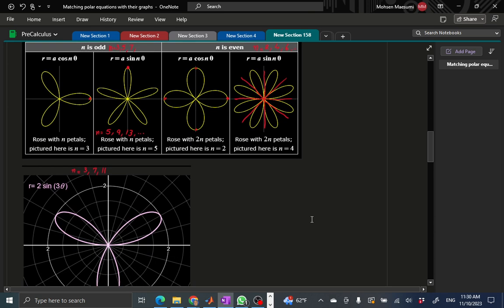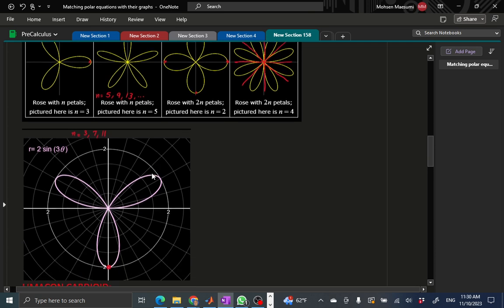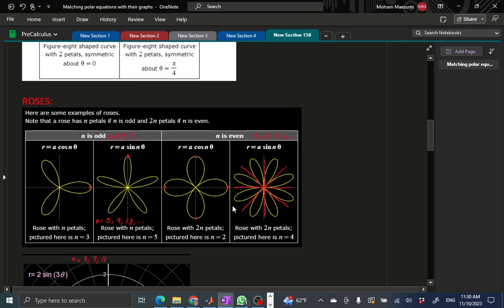We noticed previously that the case of sine and odd n splits into two cases. For 5, 9, 13, increments in steps of 4, the fixed point is up here. And for 3, 7, 11, these also go in steps of 4, with fixed points at the bottom. So do we have a rose here?